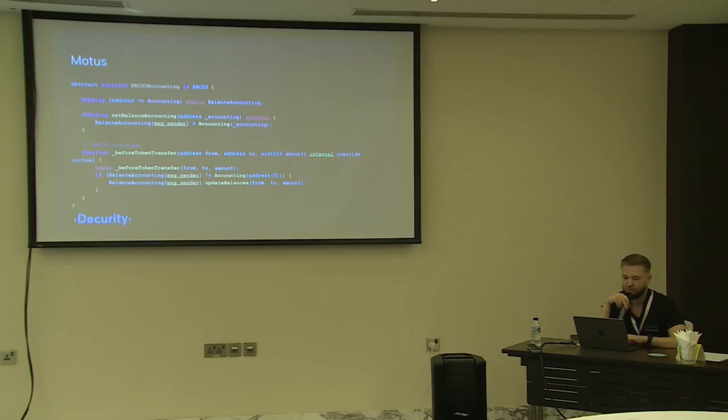So this was one of the critical vulnerabilities in 1-inch contracts. The core reason of this vulnerability is that there was a before token transfer hook in the ERC20 contract. Before token transfer hook is a standard one.